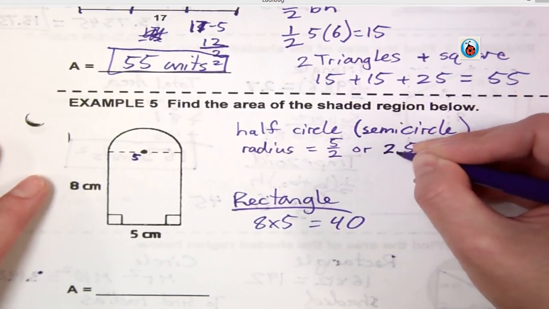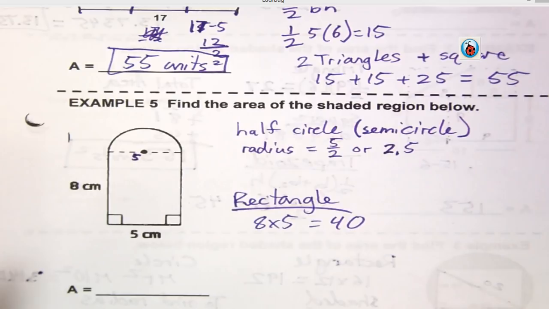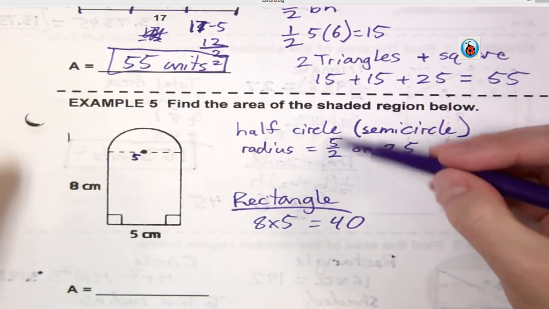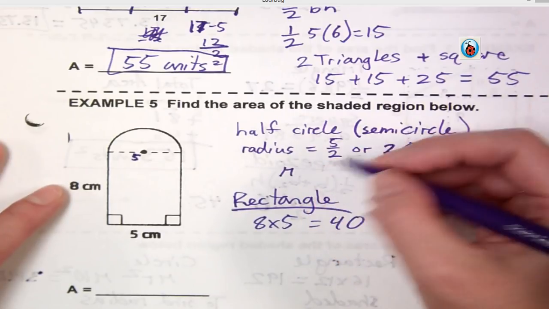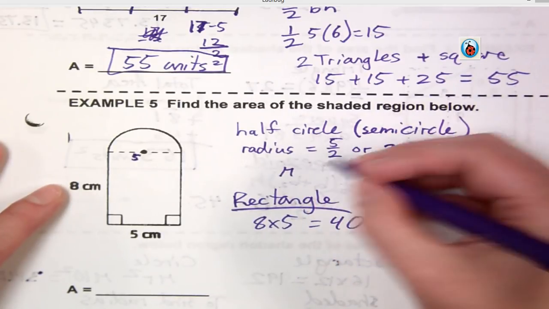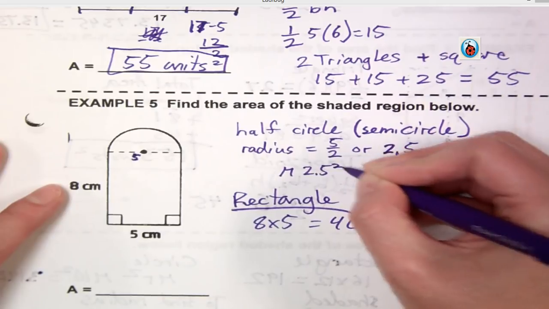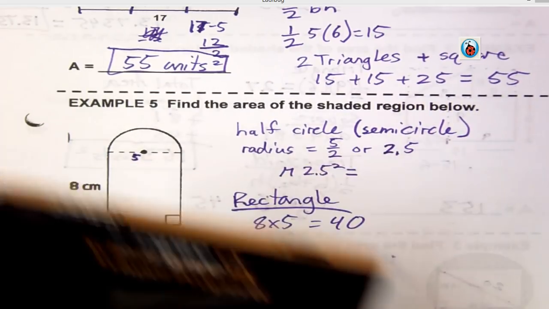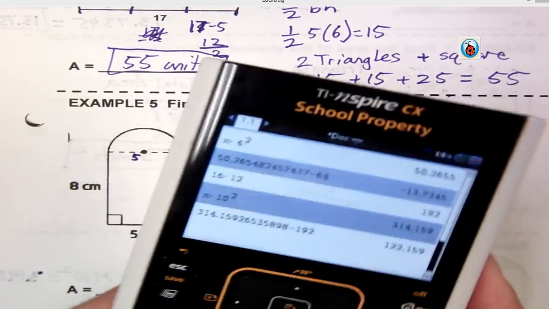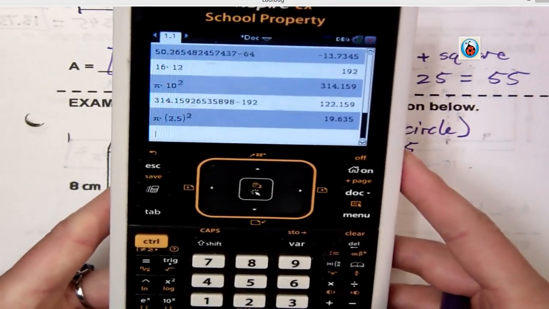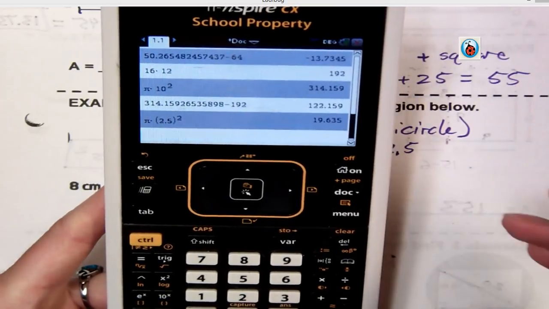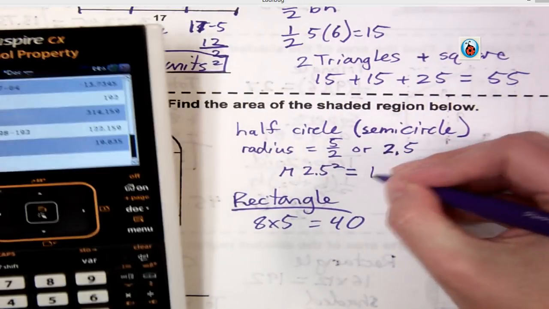Your calculator takes both versions of this, it just depends what you want to use. So 5 over 2, or 2.5, and so I can type into my calculator pi times 2.5 squared, and let's see what that gives us. Gives me 19.635.